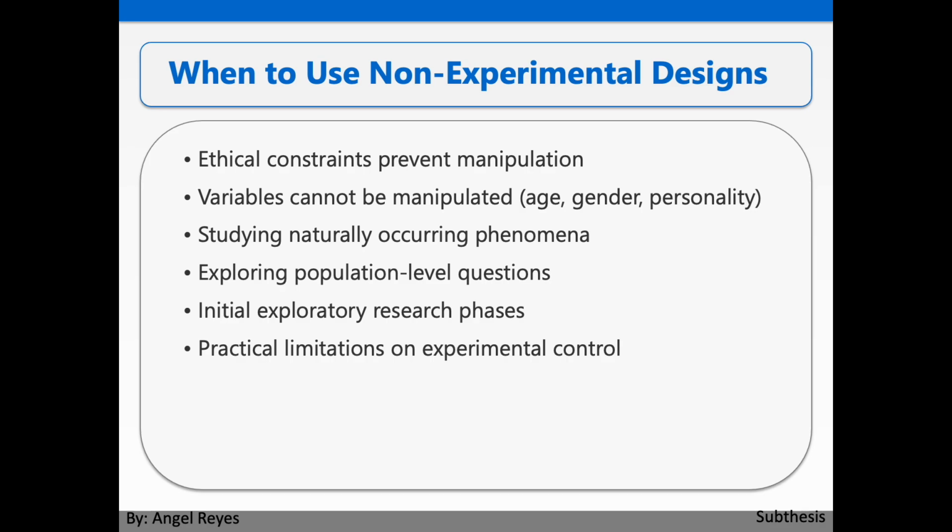Non-experimental designs are perfect for initial exploratory research phases when you're not sure what variables are important or how they might be related. Finally, practical limitations often make experimental control impossible or unrealistic. Real-world constraints of time, money, and logistics frequently make non-experimental approaches the only viable option.